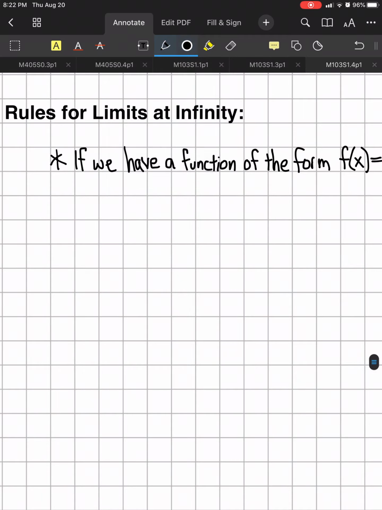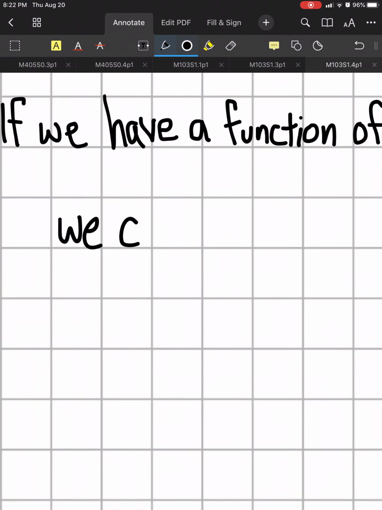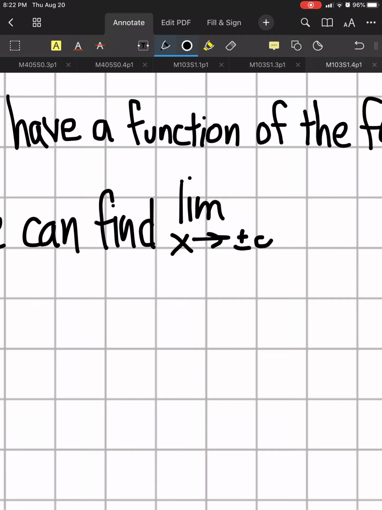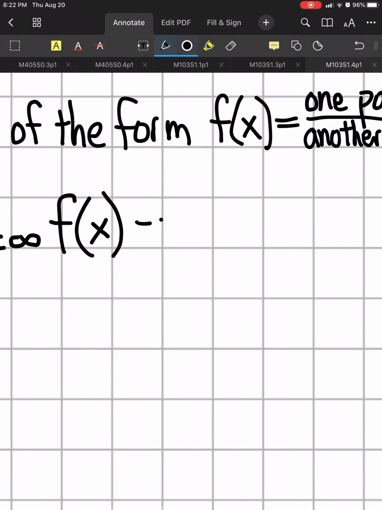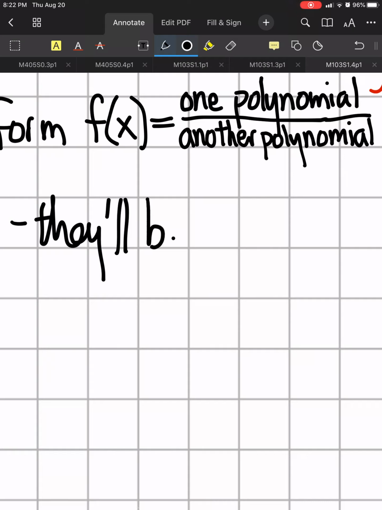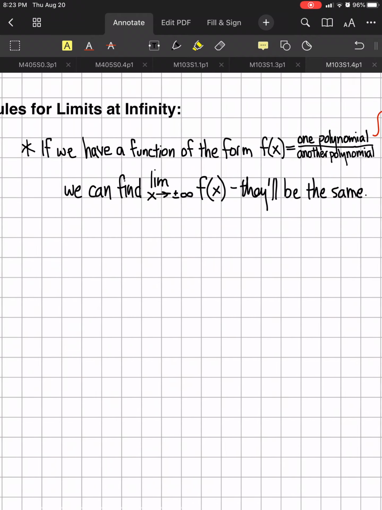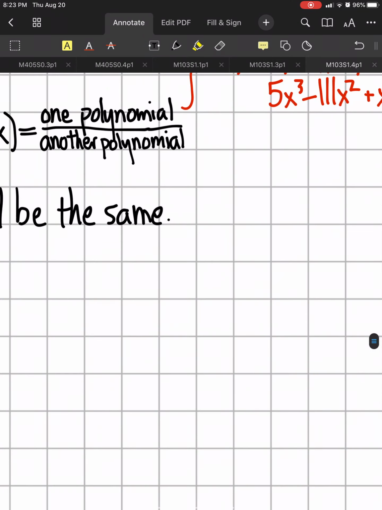If we have that, we can find the limit as x goes to plus or minus infinity of f of x, and they will be the same, but we can find that by the following rules.